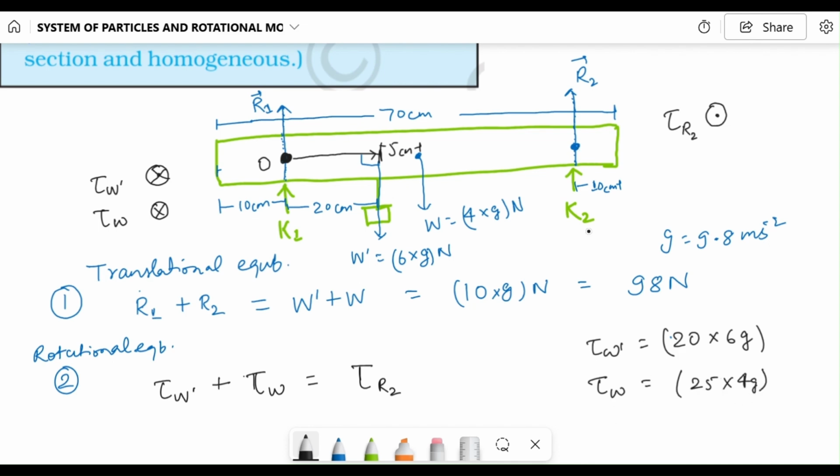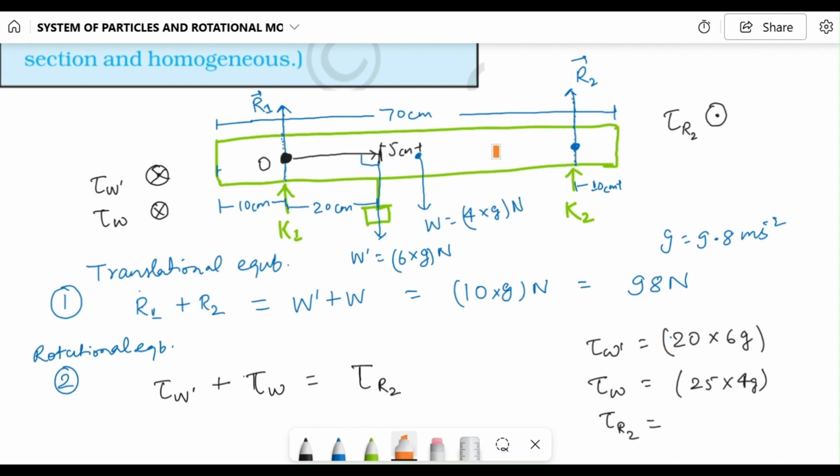And what about this torque due to R2? This will be how much? So from here to here, what is the distance? We can write it easily, because total length is 70 centimeter, and 20 centimeter we have to subtract, because from here it is 10 centimeter and this end is also here, and this R2 is acting 10 centimeters before this end.